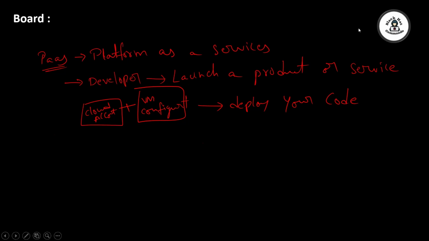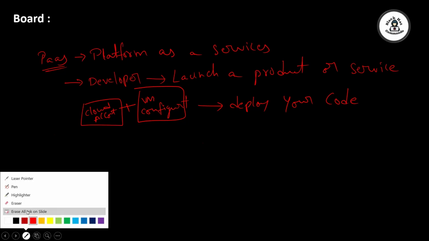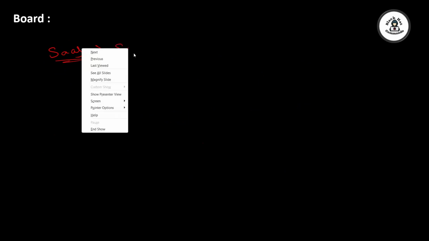Okay, so now moving further, what is SaaS? SaaS is nothing but software as a service. The best example is Microsoft Sentinel.